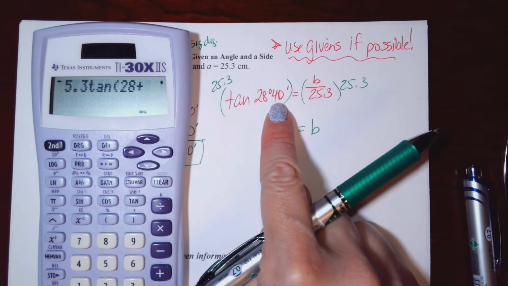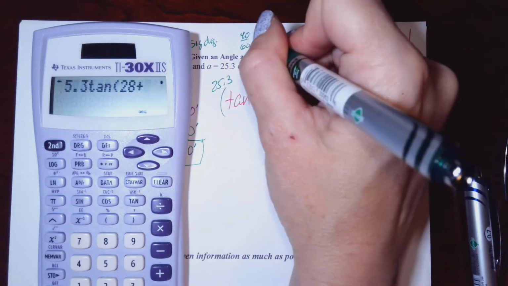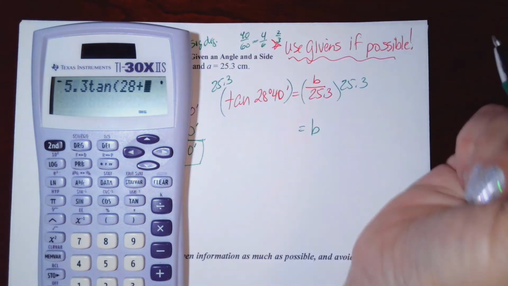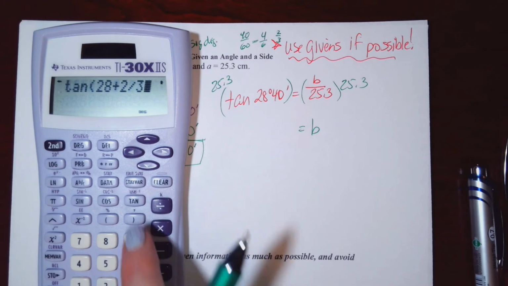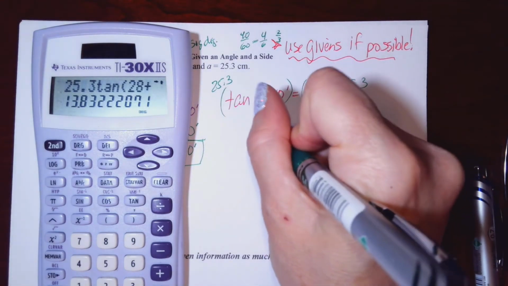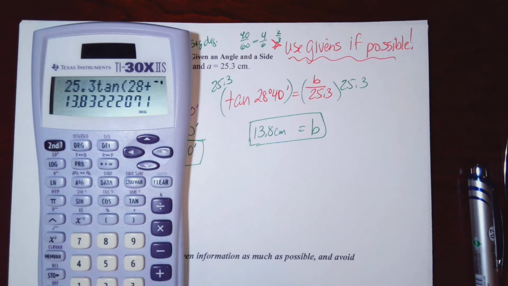Remember, that's 40 out of 60 minutes that makes up a degree. I can type that in as 40 out of 60, or I could do 4 over 6, or 2/3. Totally up to you how you want to plug that into your calculator. But there is the length of side B. Remember, we're keeping 3 significant digits, so I write that down as 13.8 centimeters. So don't forget to include your units.